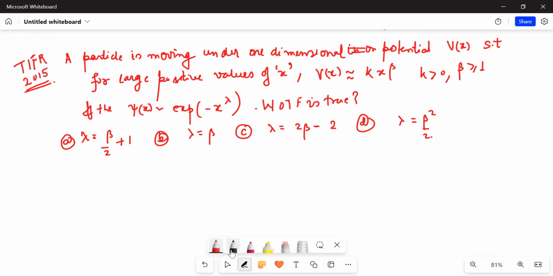So how to do this question? See, understand the potential is given to be V(x). The wave function is completely dependent upon x. So we'll use the time-independent Schrodinger equation.